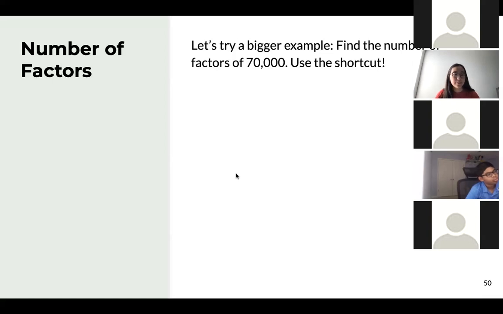All right, that's very close. The answer is actually 50 factors.